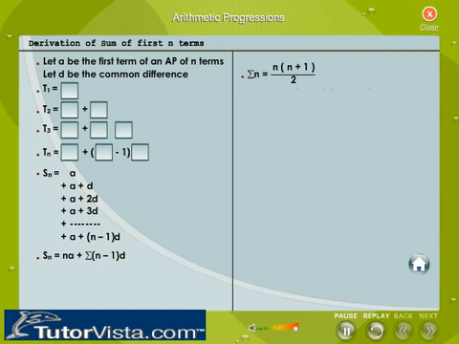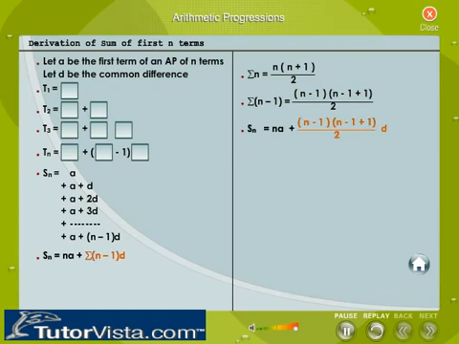We know that sigma n, that is the sum of the first n natural numbers, is equal to n into n plus 1 by 2. In the same way, sigma n minus 1, that is the sum of the first n minus 1 natural numbers, is equal to n minus 1 into n minus 1 plus 1 by 2.